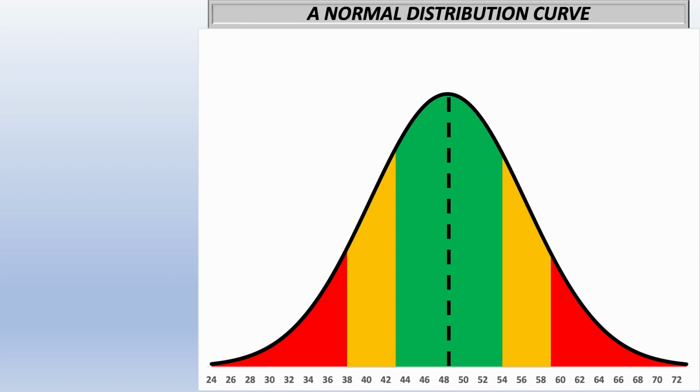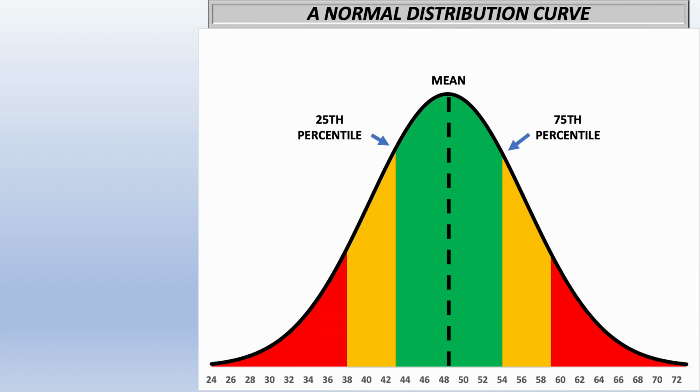Okay, so here is what we call a normal distribution curve. Think about a classroom where a bunch of students are taking a test, and these are the test scores that come out. If we take a look at the mean here, it's slightly over 48.